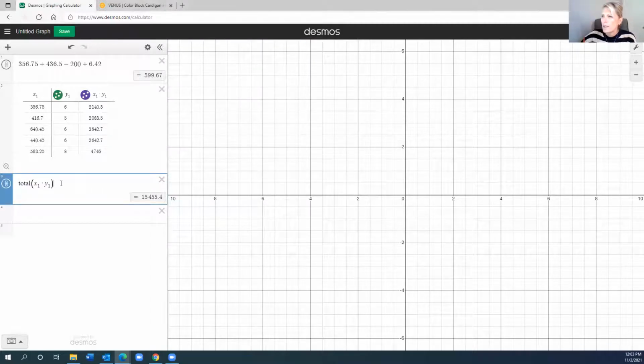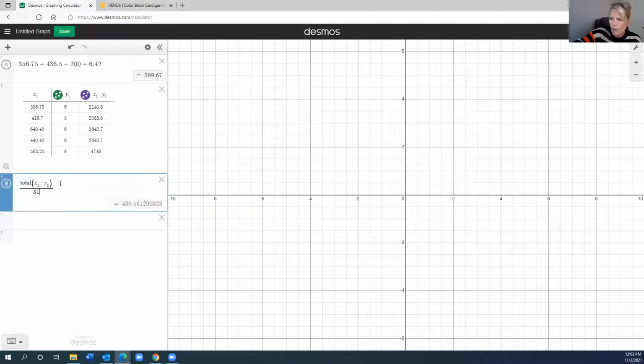So right here, we can just say divided by 31, and then it will give us our average daily balance. I'm going to show my 15,455.40 divided by 31 on my page 297, just so I've got it documented, but it's $498.56.